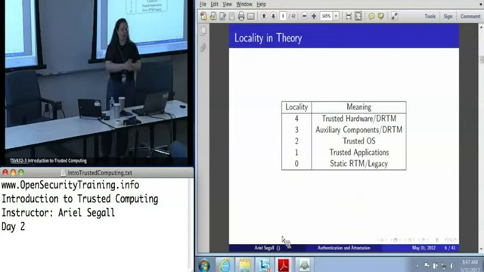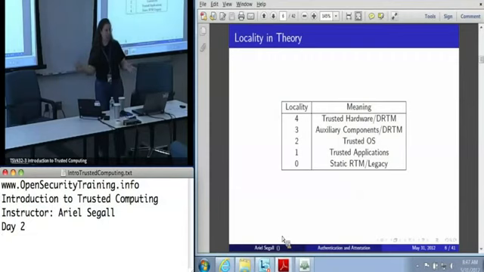And then that goes into what the user provided. So you are technically measuring the DRTM adjunct and then going on to measure whatever code the user provided, which is that locality 3. Why they call that auxiliary components, I couldn't tell you. That's what's in David Grawrock's book on the subject, and he's the authority.